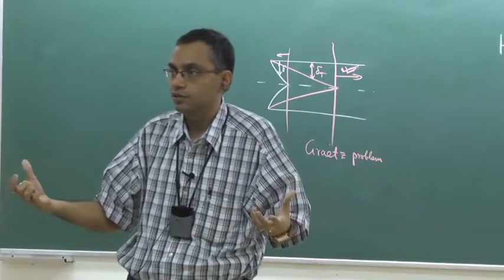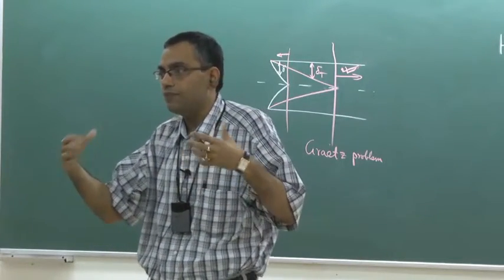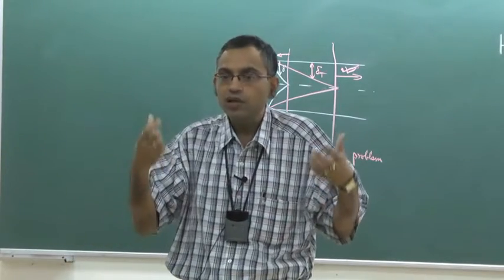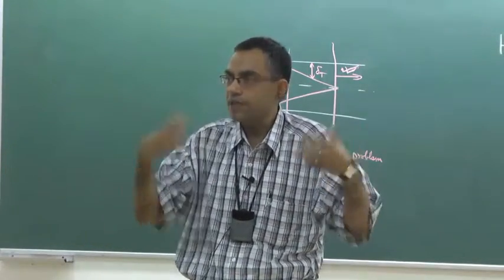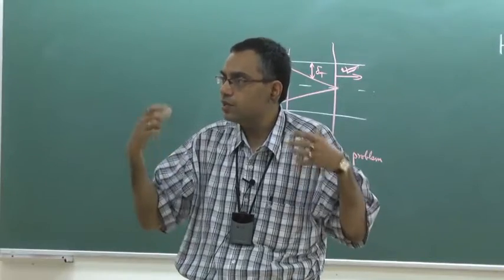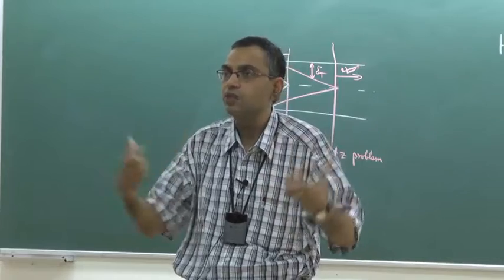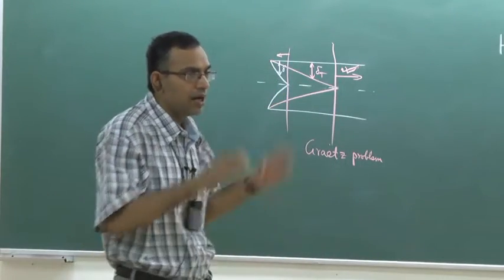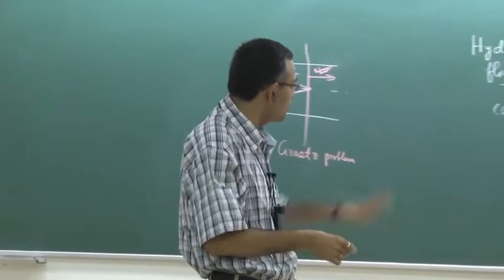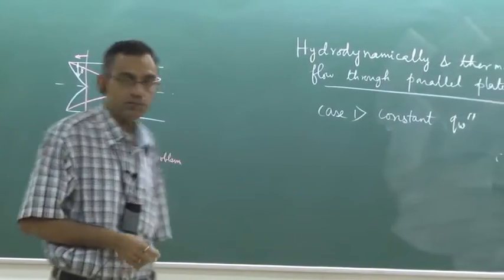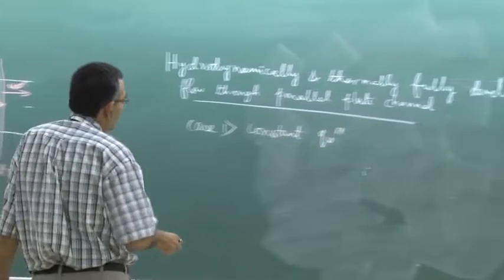Then you cannot work out those problems analytically; you have to deal with certain correlations based on experimental studies, which engineers use for designing a system with a turbulent flow. I will come to one or two such expressions, but before that remember here we are assuming laminar flow. So, constant wall heat flux.